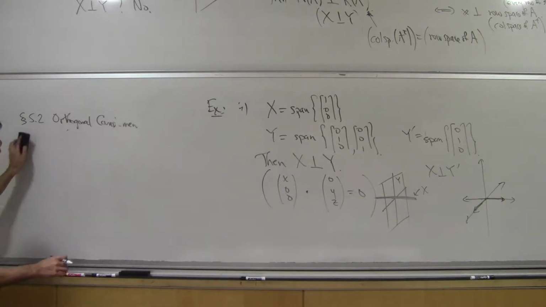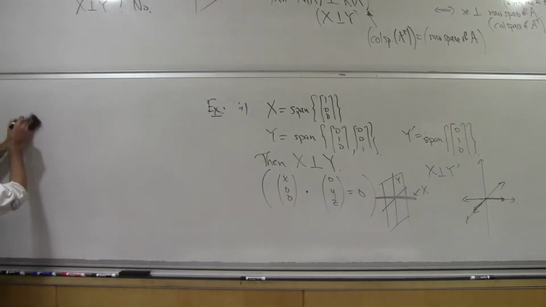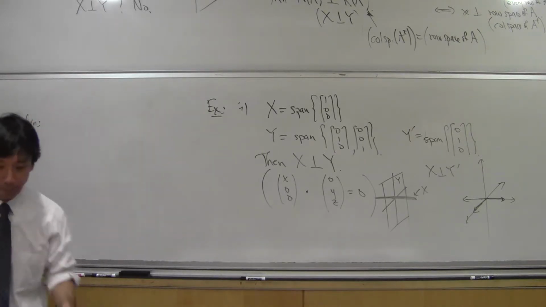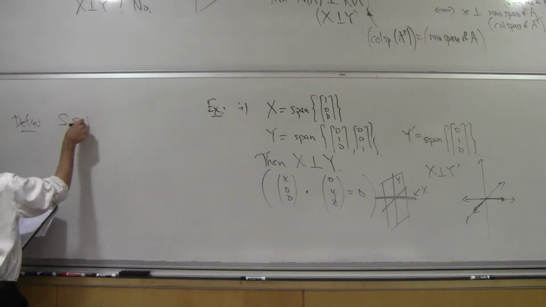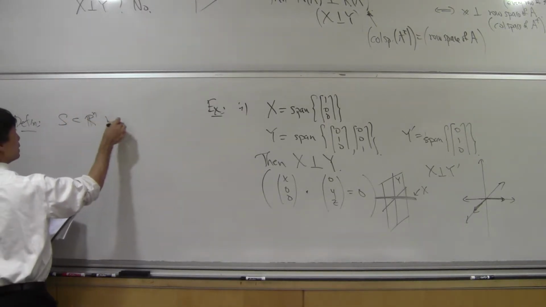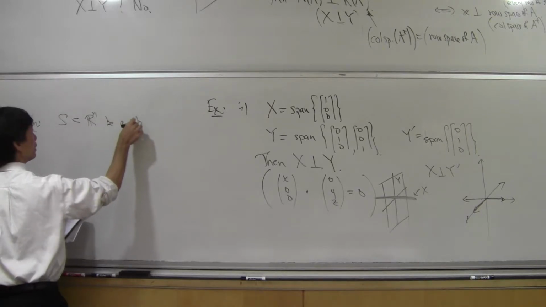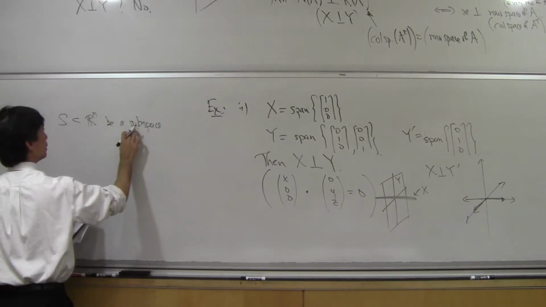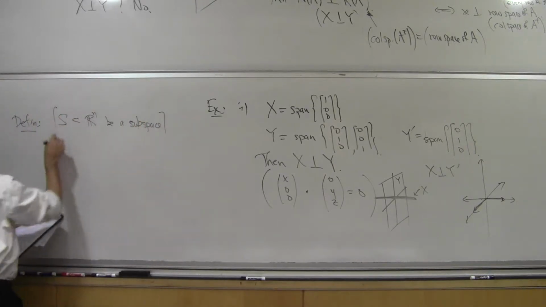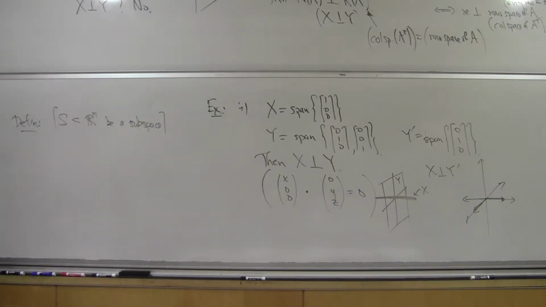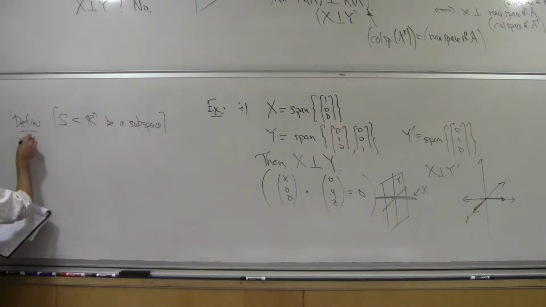orthogonal subspaces, and the second idea we're going to introduce is orthogonal complements. So let S be a subspace of Rn.